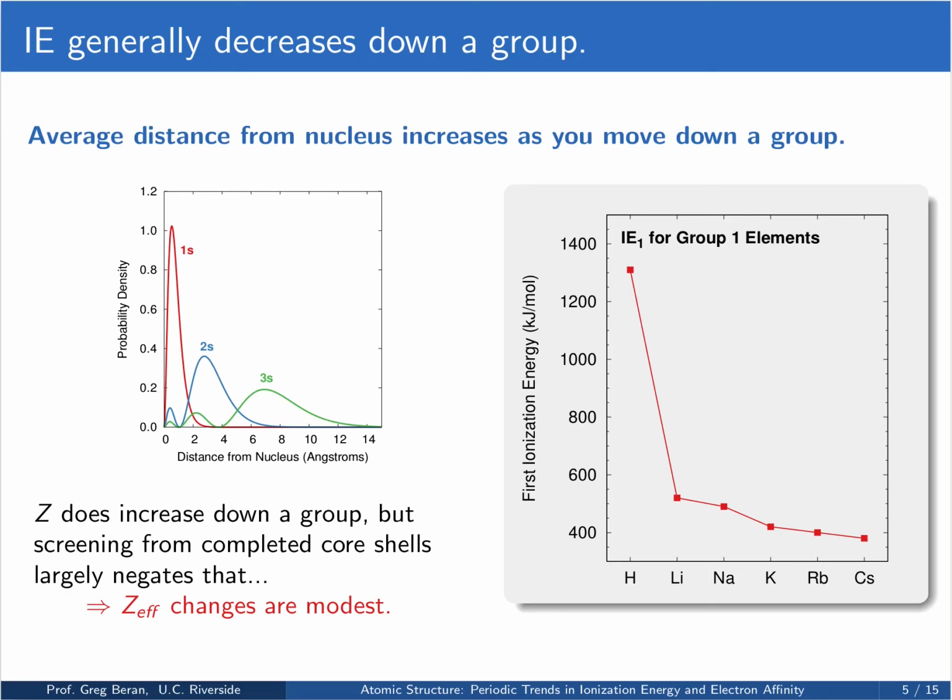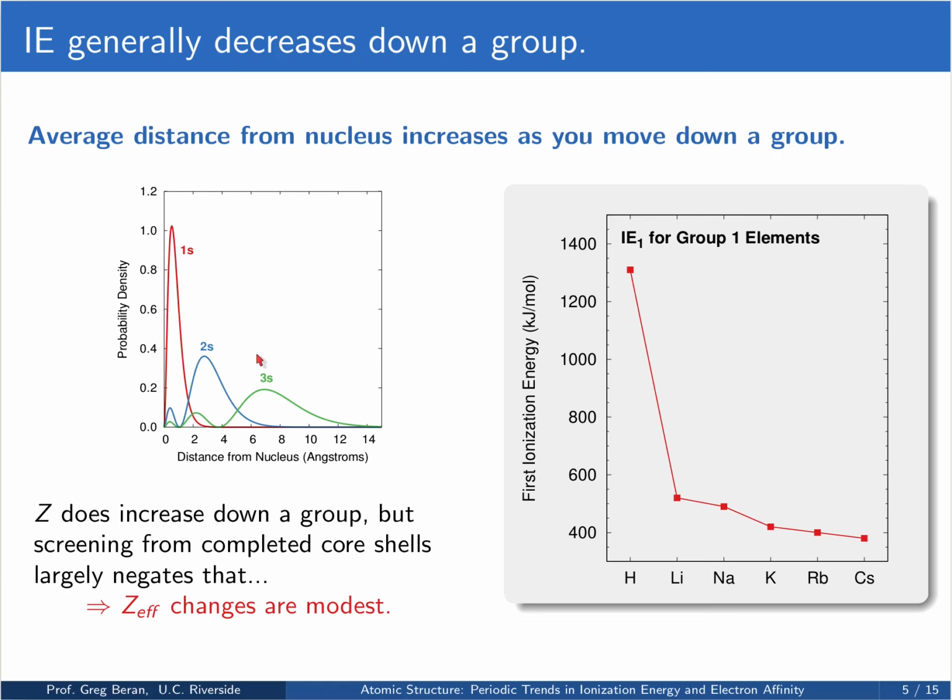Moving down a group, the ionization energy generally decreases. This can be understood simply based on atomic size. As you move down the group, the valence electrons will be further from the nucleus on average, making them less tightly bound. They're interacting less with the nucleus. You might think that changes in nuclear charge Z could play a role in the trend here, but in general, the Z effective is pretty similar as you move down the group.